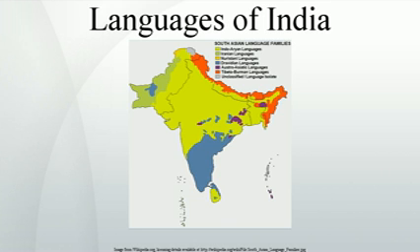According to the 1991 census, 22 languages had more than 1 million native speakers, 50 had more than 100,000 and 114 had more than 10,000 native speakers. The remaining accounted for a total of 566,000 native speakers, out of a total of 838 million Indians in 1991.